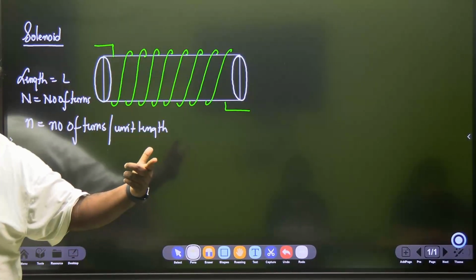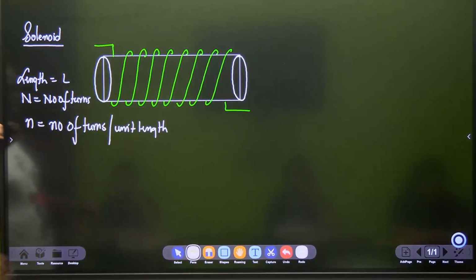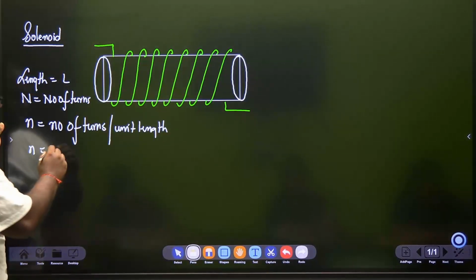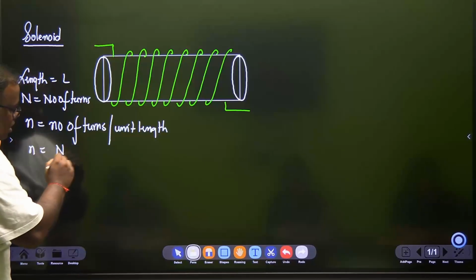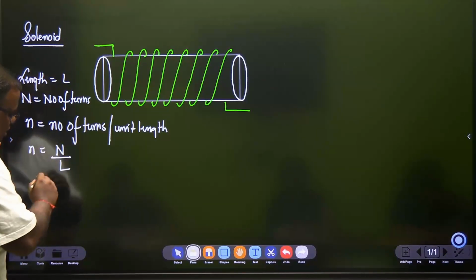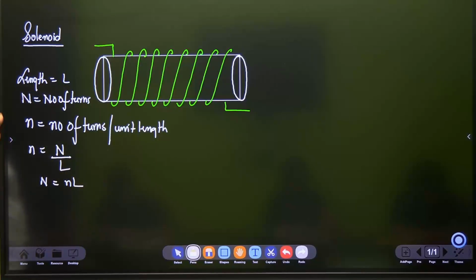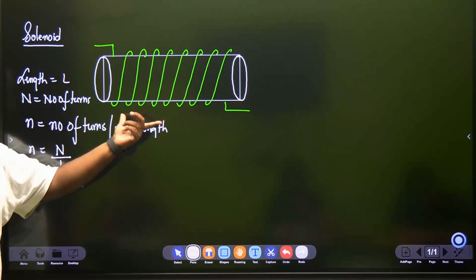Capital N. Try to understand. So your small n becomes the number of turns per unit length. So the total number of turns, N, is equal to nL. Have you understood this? N is the total number of turns.